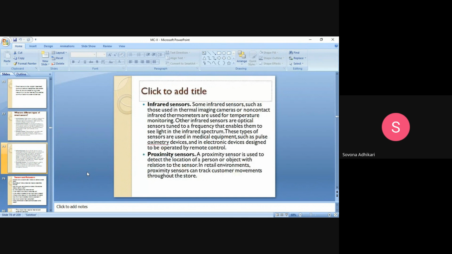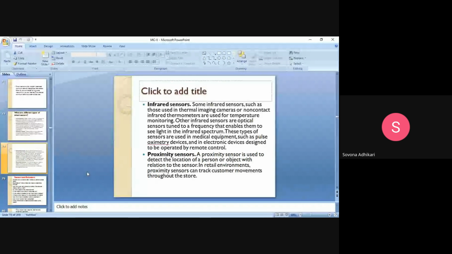Besides that, IR sensors, infrared sensors, such as those used in thermal imaging cameras or non-contact infrared thermometers used for temperature monitoring. The non-contact infrared thermometer was basically used in COVID time, you may recall. It uses an infrared sensor, senses the temperature, and displays on a small screen the temperature of the patient's body.